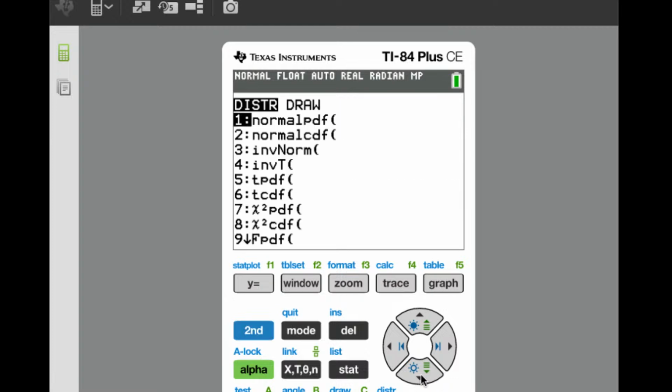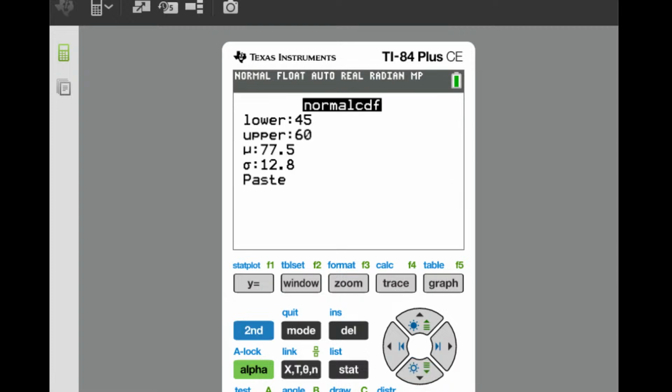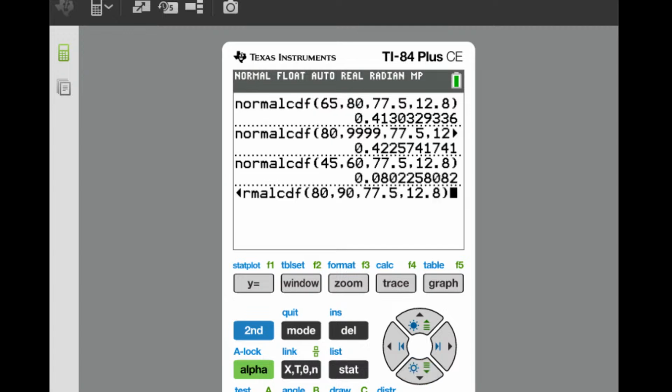Second distribution, normal CDF. Lower value is what? 80. Upper value is 90. Same mean and standard deviation. So as a decimal, this is a probability value. It's going to be what? 0.258.